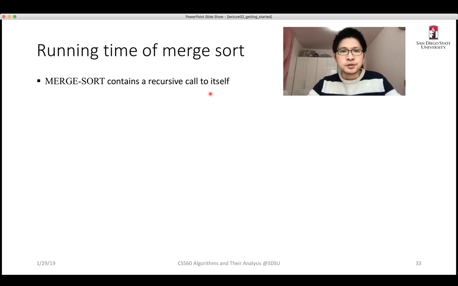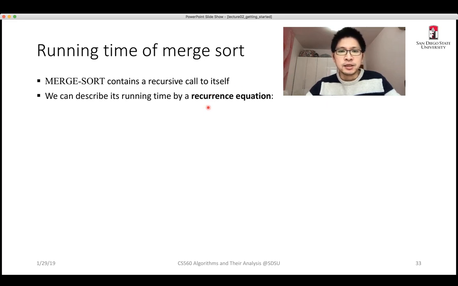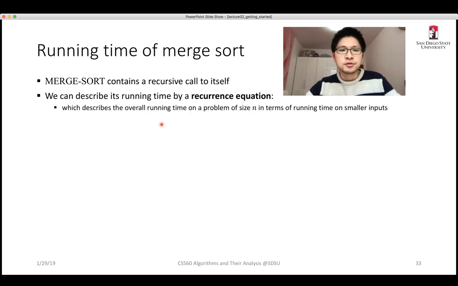We first need to describe the running time of merge sort by a technique called a recurrence equation. A recurrence equation describes the overall running time on a problem of size n in terms of the running time on smaller inputs. And then we need to solve the recurrence equation with mathematical tools.